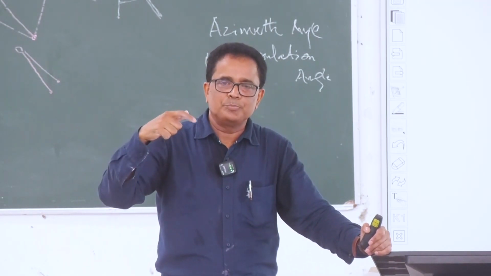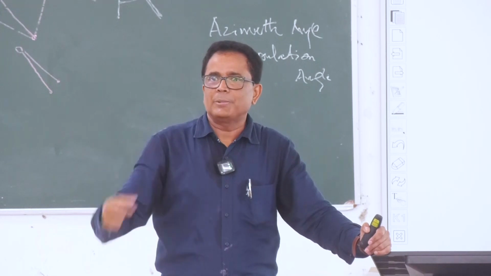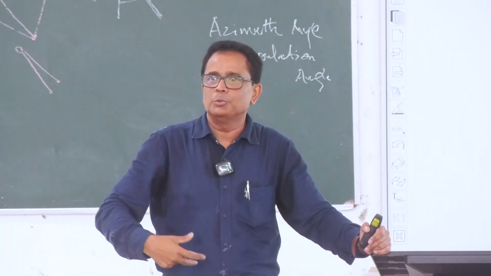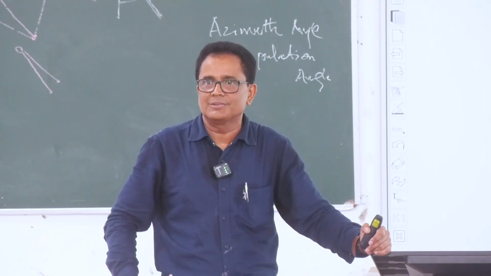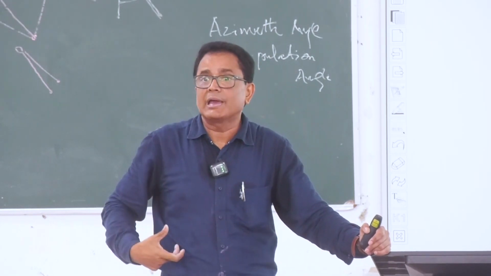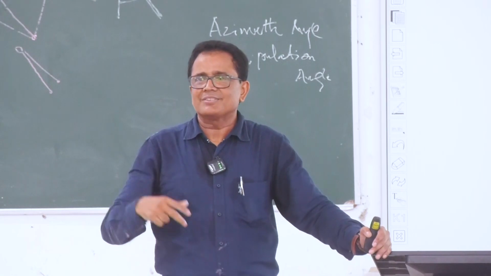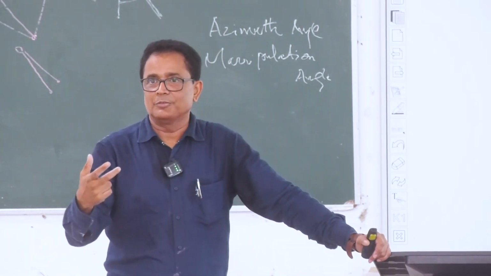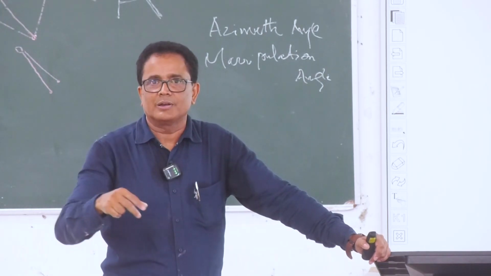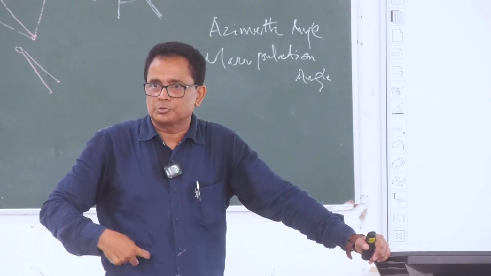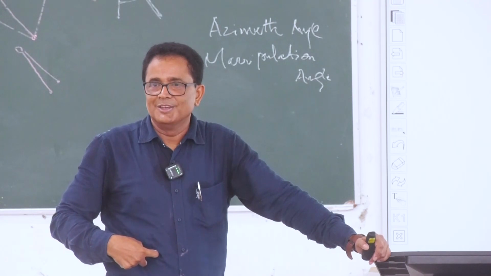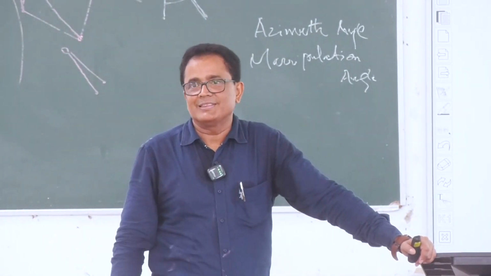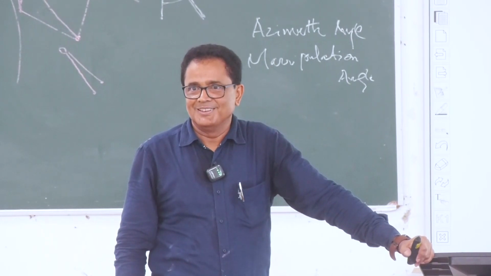Whenever you see the pictures in your books, appendix, gallbladder, when you go and see inside the abdomen of somebody who has genuine acute appendicitis or acute cholecystitis, it doesn't look like a picture. Sometimes you cannot even identify whether it is a gallbladder or the right part of the transverse colon which is very close by. If you identify transverse colon as gallbladder, that is a big mistake, isn't it?